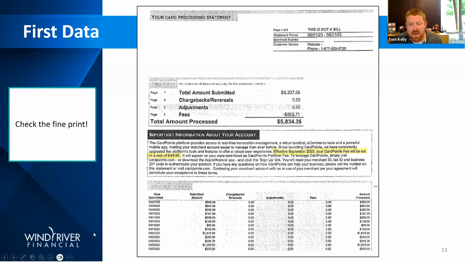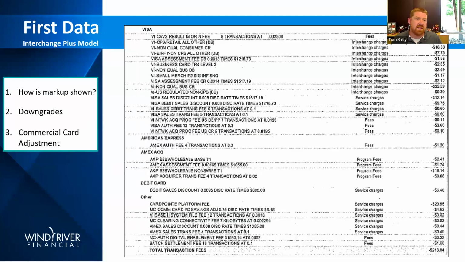From there, they're going to get down into the daily batch summary. And this is an interchange plus model, similar to the ones we've looked at before, where the markup is within all the other card brand fees. Where it says service charge, that's going to give you an idea that it is a fee from First Data.